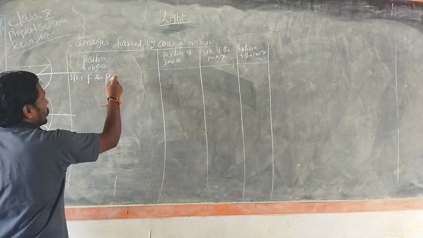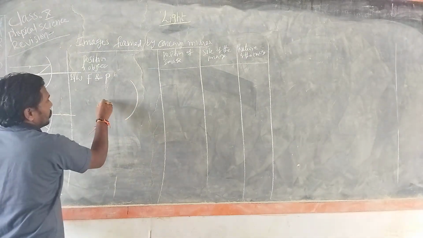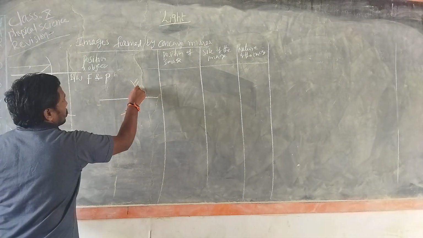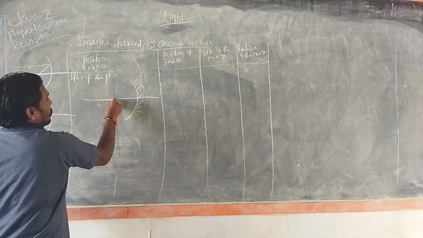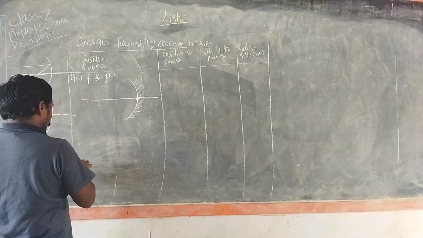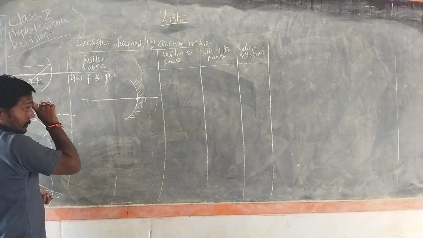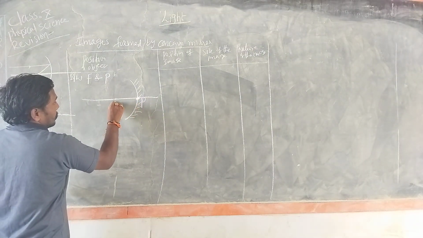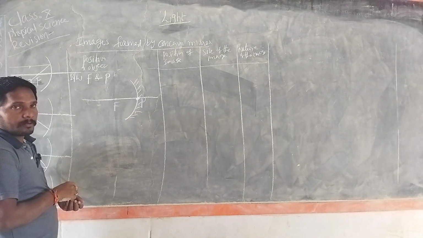Between the F and P, concave mirror, optical axis, P is the pole. Here it is the F, focus. Pole and focus are focal.